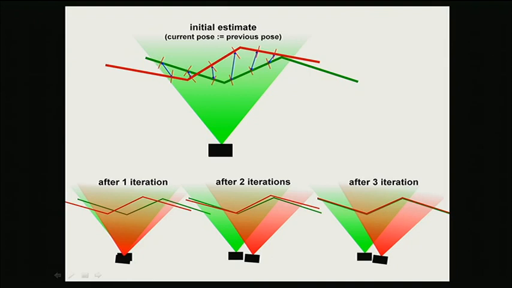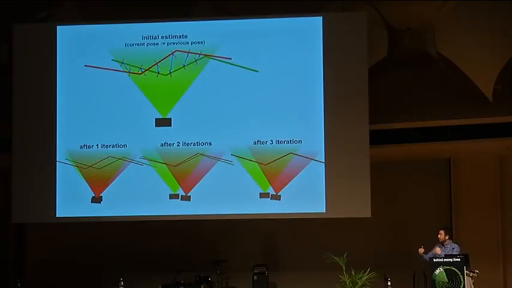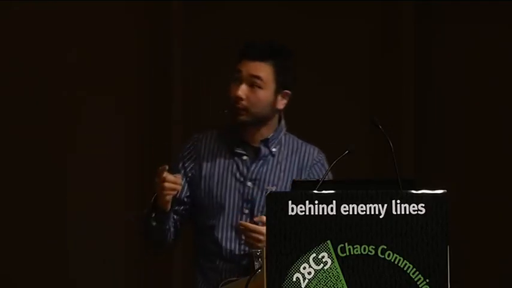And whenever we iterate over this algorithm, the two surfaces come closer together, and then we do another round of association between points. And by doing this kind of association with the same depth images a couple of times, they will eventually slide to each other at some point.